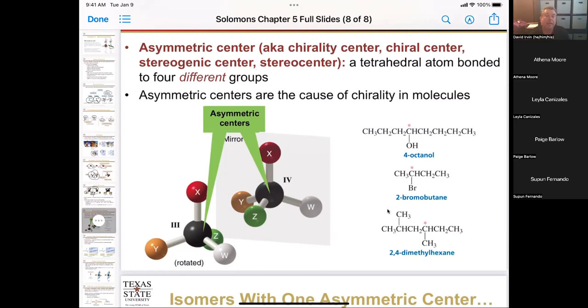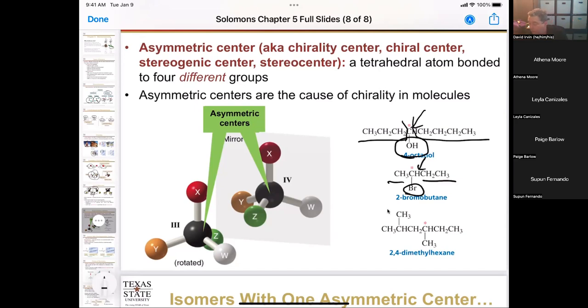Okay, so can you pick that out of a system? Well, you should be able to, because if we look at our condensed form here, we have 3 carbons on this side, we have 4 carbons on that side, we have an OH here, and we have a hydrogen here. 4 different groups, that's a chiral carbon. We have a CH3 here, we have a CH2CH3 here, we have a bromine and a hydrogen, 4 different groups, it's a chiral carbon.